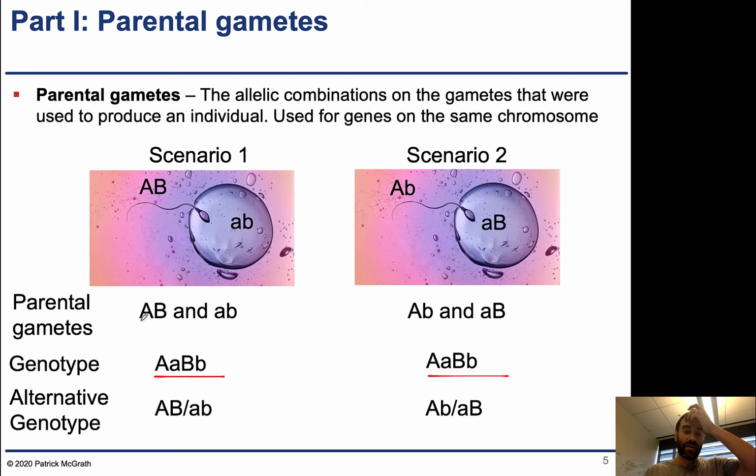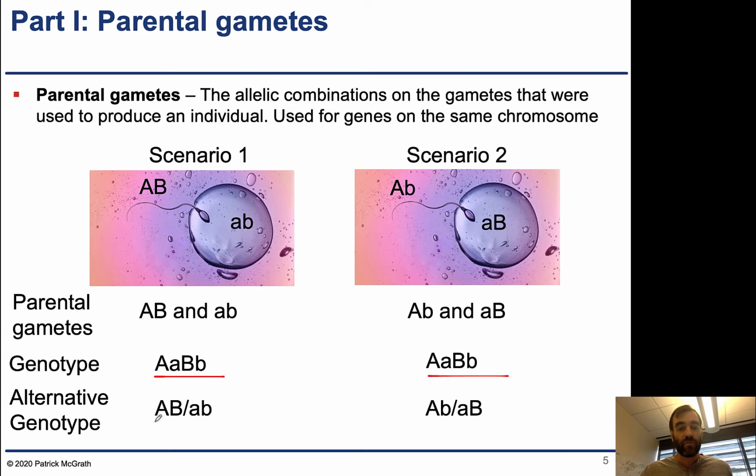In scenario one, the big A allele is linked to the big B allele, and the little a allele is linked to the little b allele, while in the second situation, that combination is the opposite. This is what we refer to as the parental gametes, the combination of alleles that were present in the sperm and the egg that led to the fertilization for an individual.